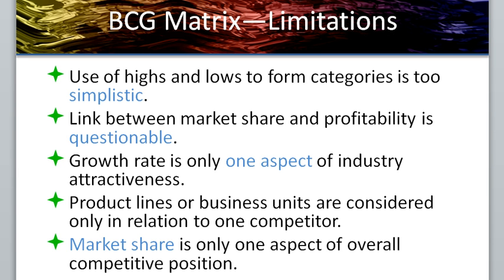It's just four categories, and there are a lot of products that fit in between the cracks. The link between market share and profitability is not always well defined. The growth that the chart focuses on is only one aspect of the attractiveness of certain industries. And sometimes it's hard to relate different product lines and business units as one competitor in one chart.